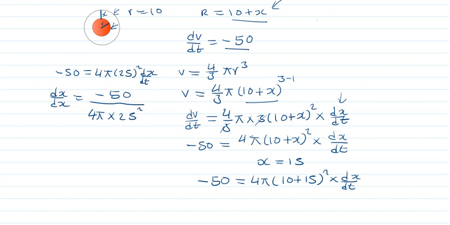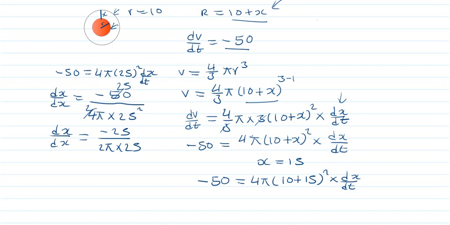Simplifying this part, we have dx/dt equal to, 4 here, 2 here, and 2 here, we have a 25 here and a 2 here. So it will be negative 25 over 2 pi multiplied by 25 squared.